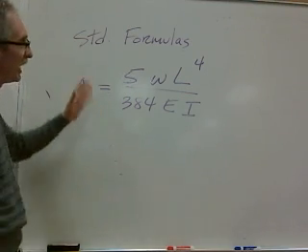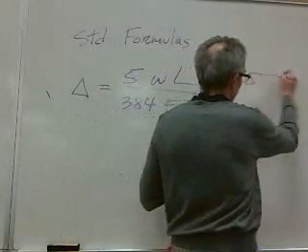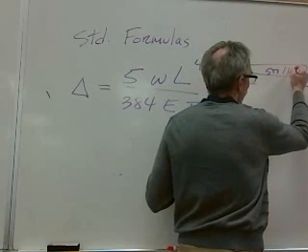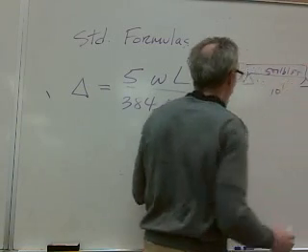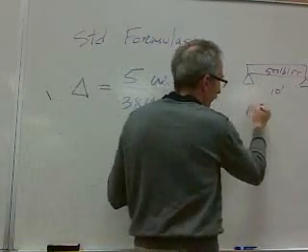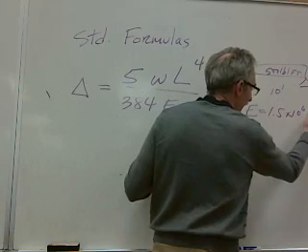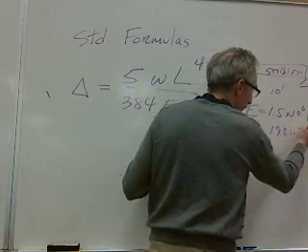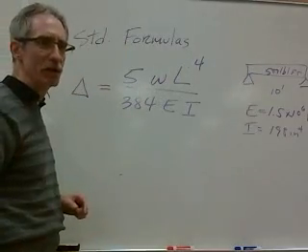Because let's just say I gave you a beam, and I said, oh, there's 500 pounds per foot on it, and it's 10 feet long, and it's made out of lumber, and that's 1.5 million psi, and it has a moment of inertia of 198 inches to the fourth. And so let's go ahead and start plugging those things in.